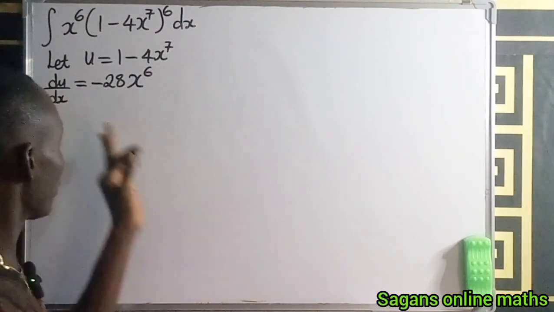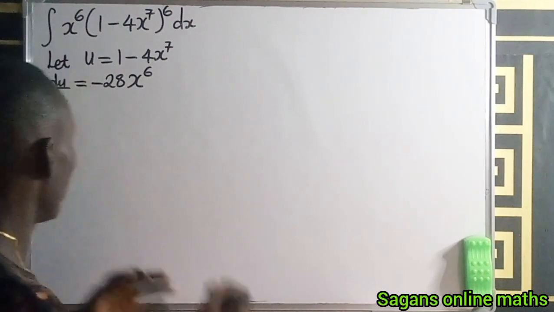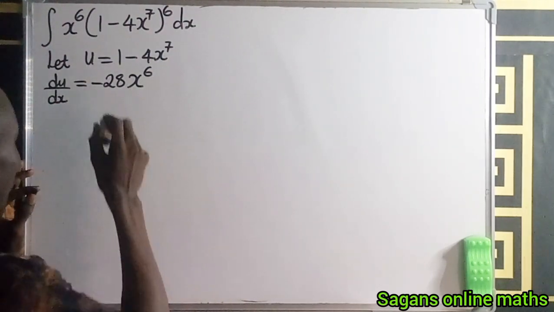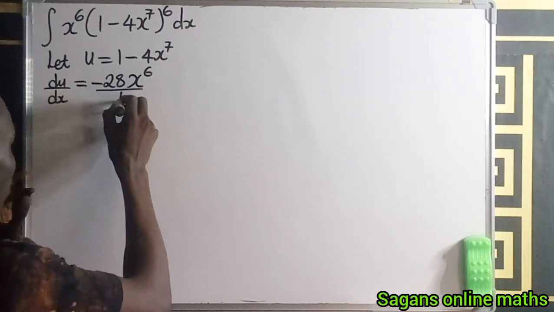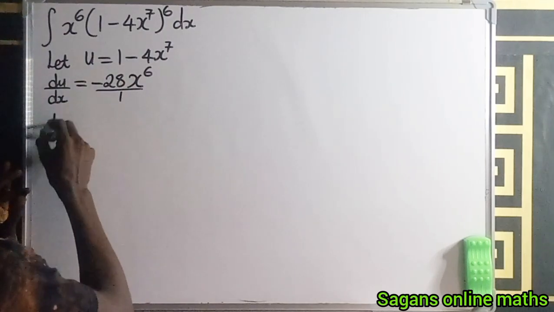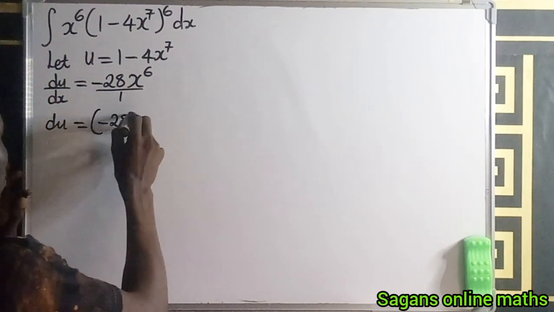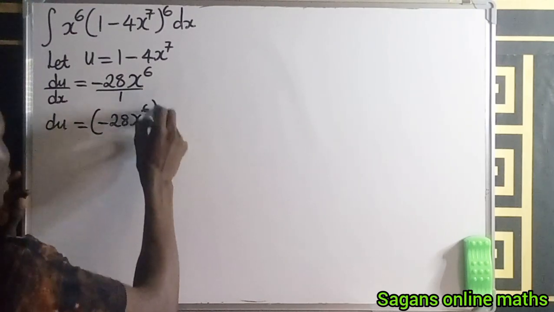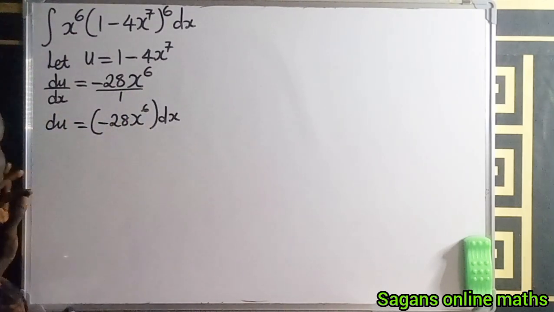Now from here, let's make dx the subject of the formula. Don't forget that the denominator of minus 28x to the power of 6 is 1. By cross multiplying, we get du equals minus 28 multiplied by x to the power of 6, then multiplied by dx.